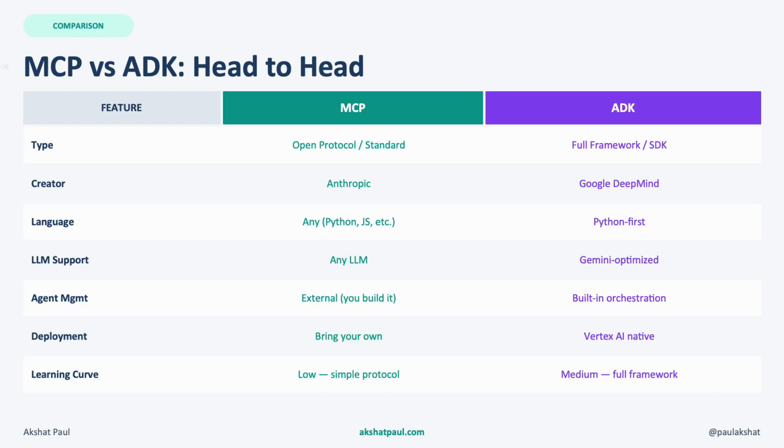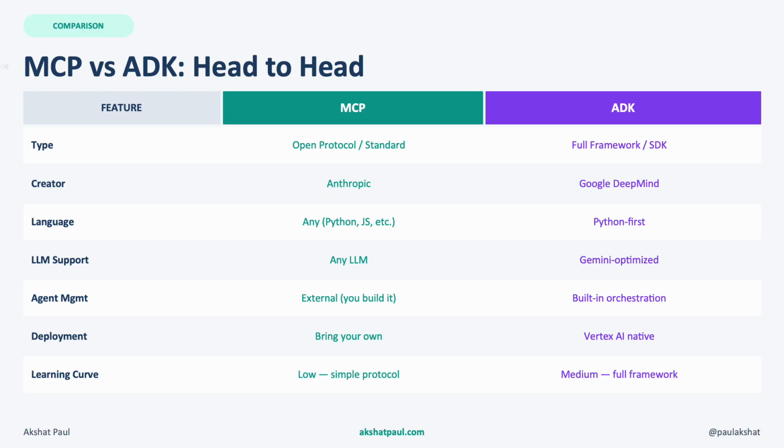This is the table you've been waiting for. First, type. MCP is an open protocol, a standard like HTTP or Bluetooth. ADK is a full framework. Think of it like Django or Spring Boot, but for AI agents. Creator-wise, MCP is from Anthropic, ADK is from Google. Both are open source.